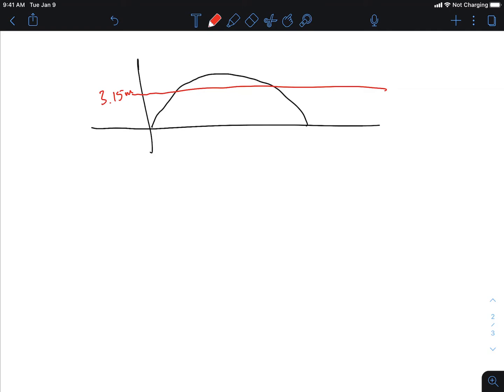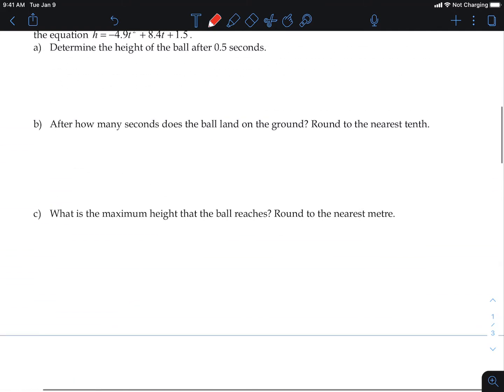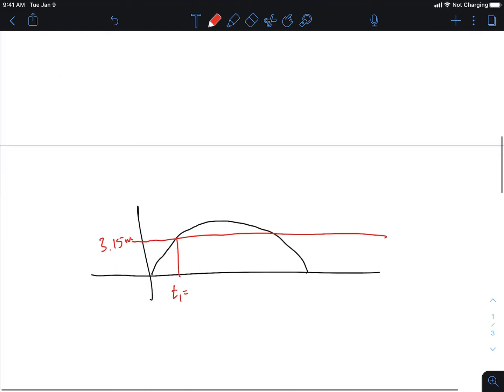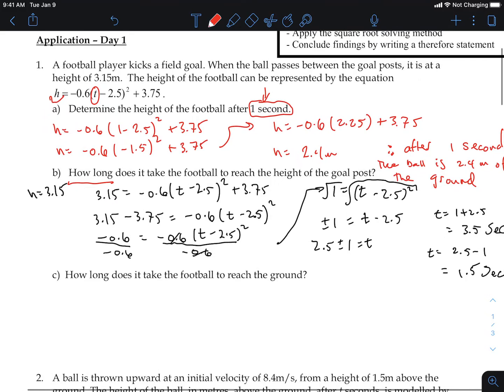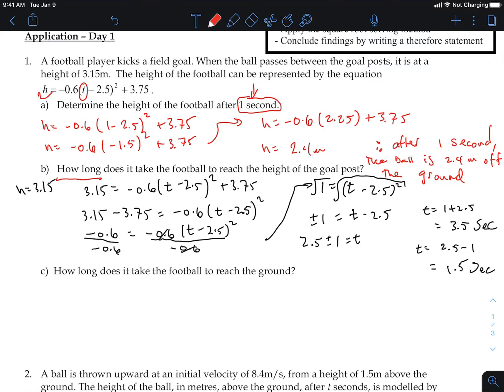How many times does the curve cross that line? Twice. That's why I have 2 time values. One happened here at 1.5 seconds, and the other one happened here at 3.5 seconds. Does that make sense? Yeah, right. I just wanted to illustrate why, if you still have questions as to why there's 2 answers with quadratics, that's why.